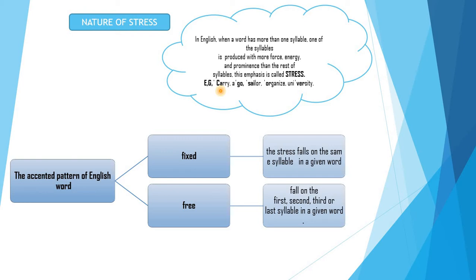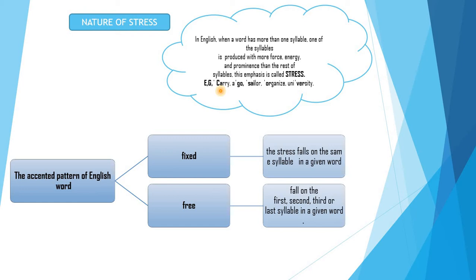The accented pattern of an English word is either fixed or free. Fixed means that the stress always falls on the same syllable in a given word, for the second or for the first.